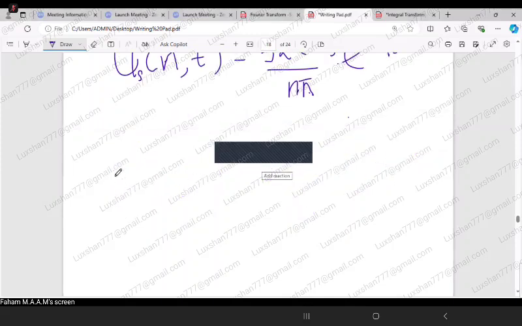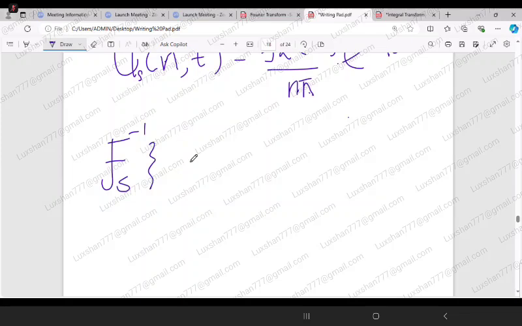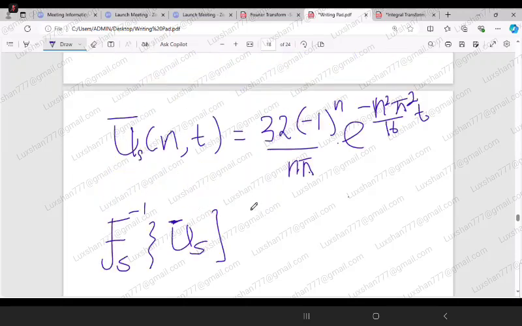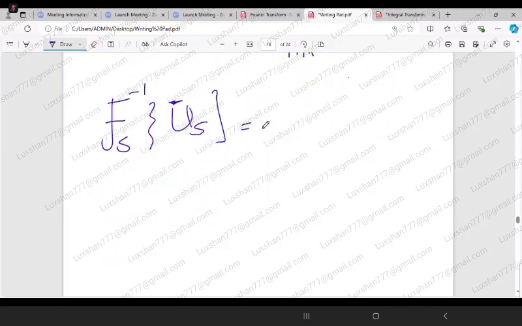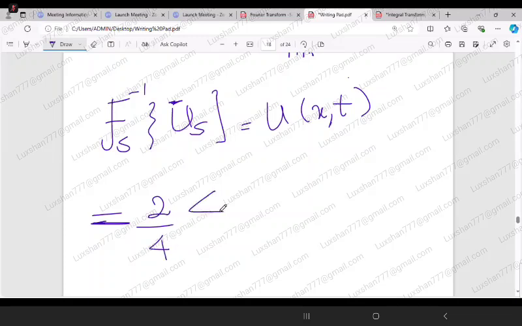so that is Fourier sine inverse of u bar s, and that is equal to, you know, that u x comma t, which is equal to 2 over L, no? 2 over L. So 2 over L, my L is equal to 4, summation u bar s.